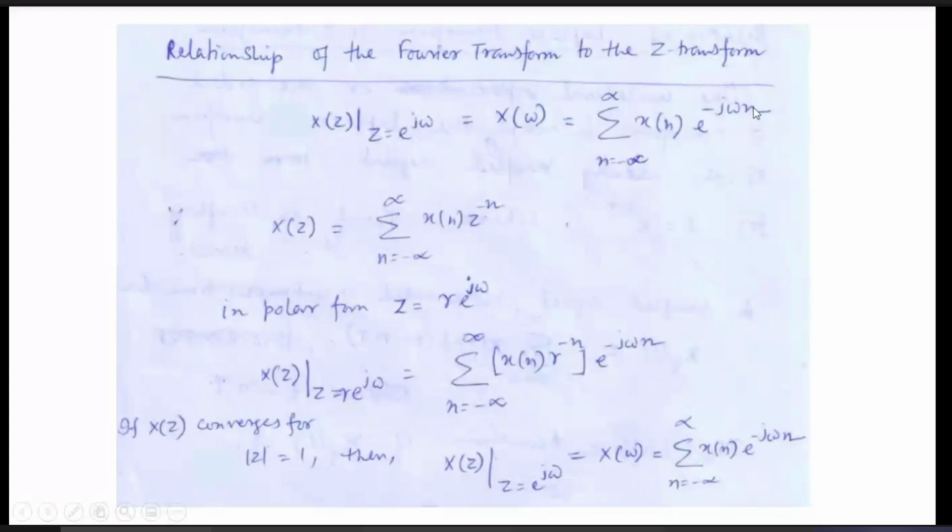In Fourier transform, x of n is multiplied with e to the power minus j omega n, and in Z transform it is multiplied with z to the power minus n. So we can correlate z with the e to the power j omega term.